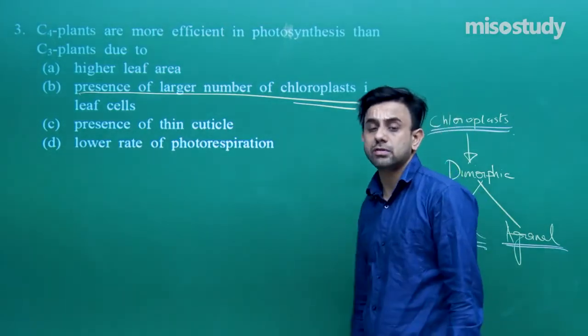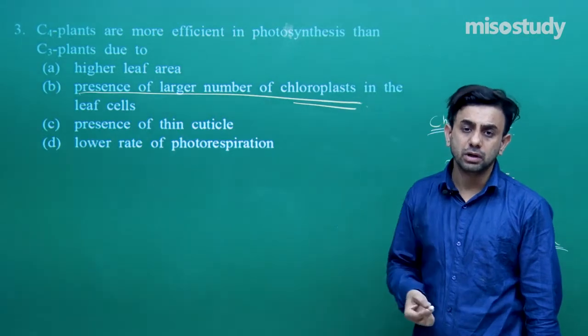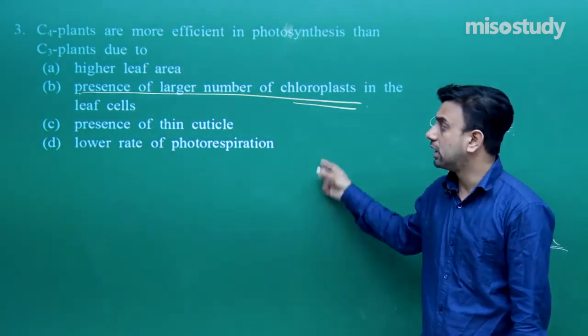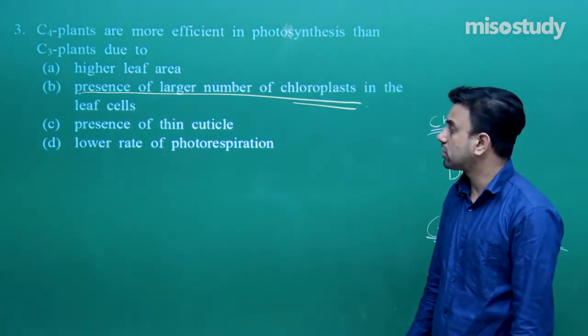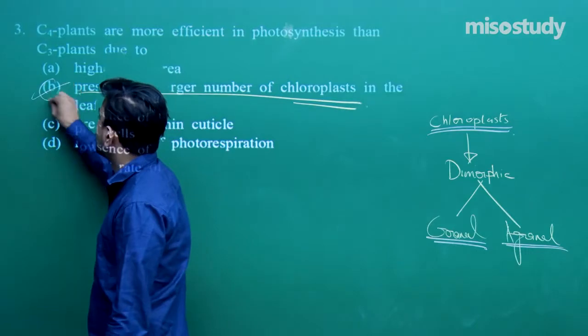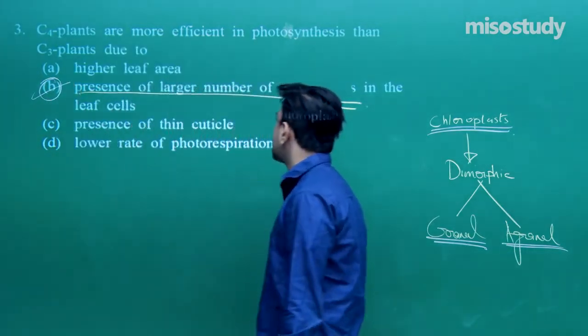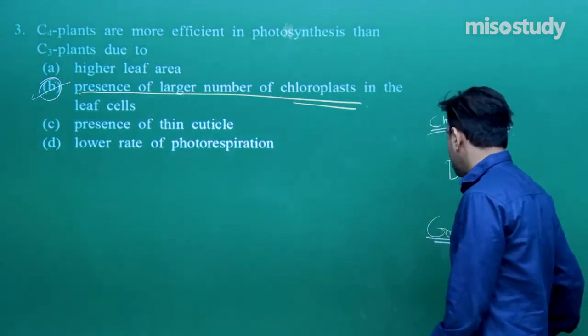Because definitely the number of chloroplasts is more, they are more scattered, and they are dimorphic over here, and hence help in the cyclic as well as the non-cyclic photophosphorylation. So, the answer for this will be the third one, the presence of a larger number of chloroplasts in the leaf cells.